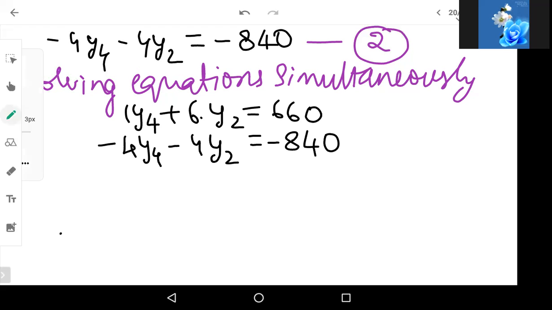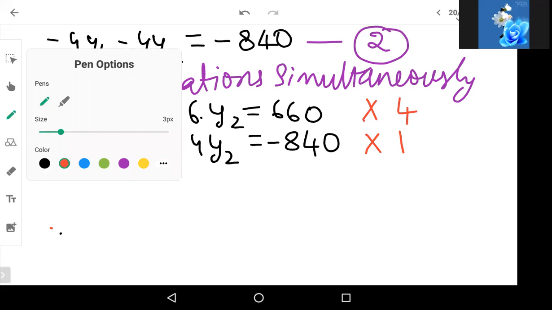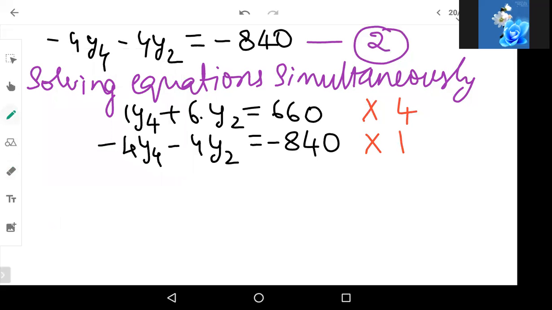Now, if you see the first equation, you are supposed to multiply it with 4 and the second equation with 1. If you do that, you'll get equations where you can get the value of y.